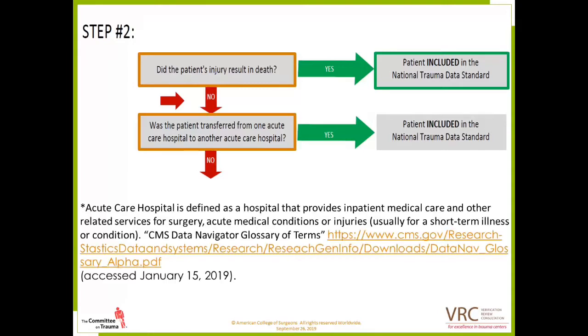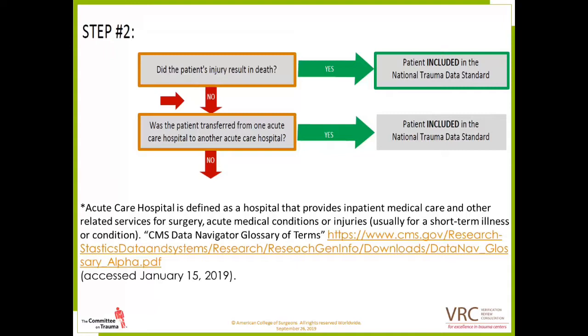And before we go any further, because we will get questions about this, how do we define acute care hospital? Well, the CMS defines that for us, so we're asking you to follow the CMS definition of acute care hospital: a hospital that provides inpatient medical care and other related services for surgery, acute medical conditions or injuries, and it's usually for a short-term illness or condition.